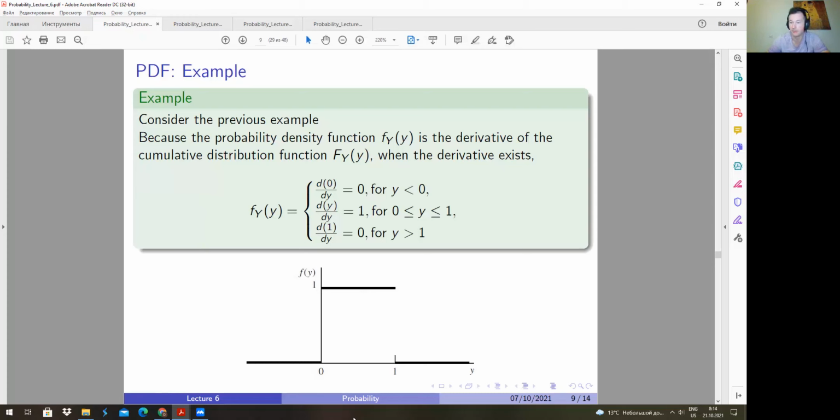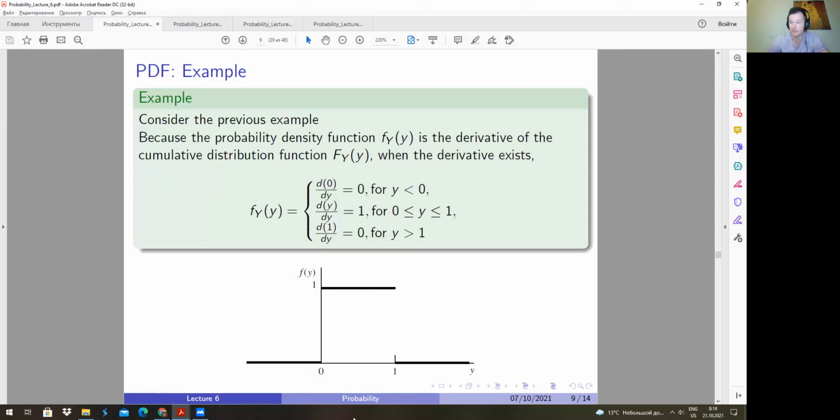Once again, the value of the CDF is simply the area under the graph of the PDF, when we evaluate this area from minus infinity to a given value of y. More on this you will do in the exercise sessions. You will look at the relationship between these two functions.